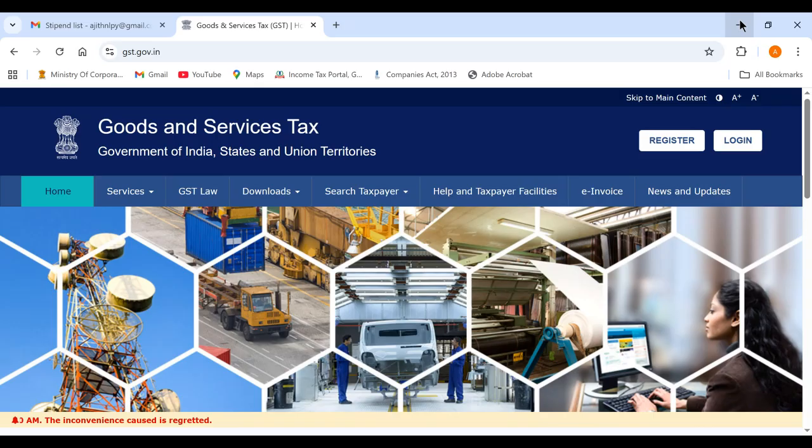So these are the two returns that a composition taxable person is required to submit. First one is the quarterly payment via Challan CMP 08, and the annual return under GSTR 4.